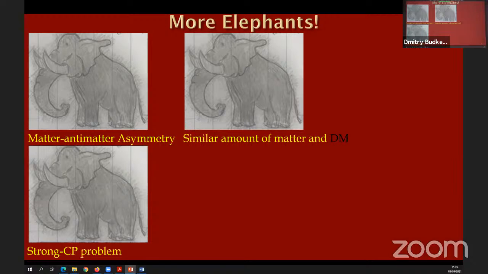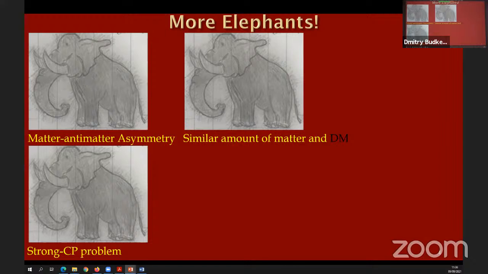If we believe the dark matter hypothesis, there's about the same amount of dark matter and normal matter, maybe 5 times more dark matter, but it's on the logarithmic scales. Why is that? Why is it not a 10 to the 9 difference? Maybe it needs to be explained.